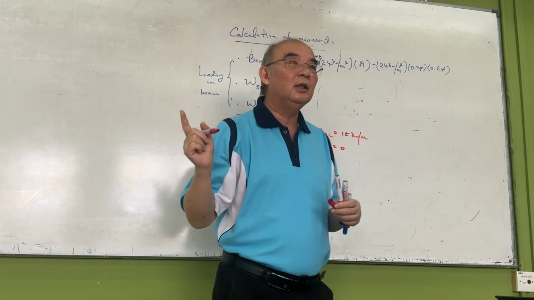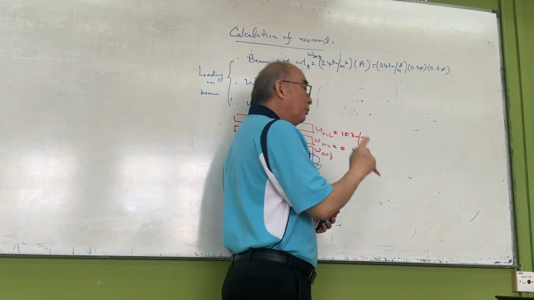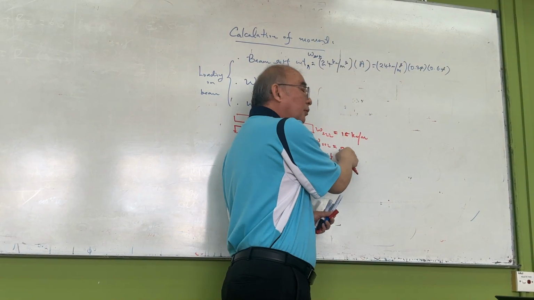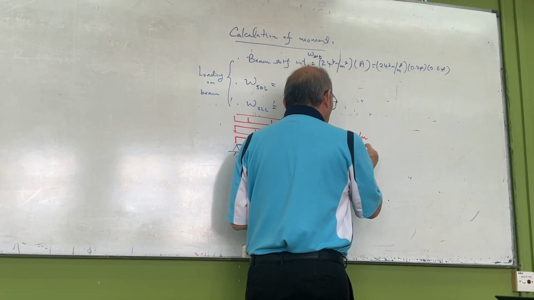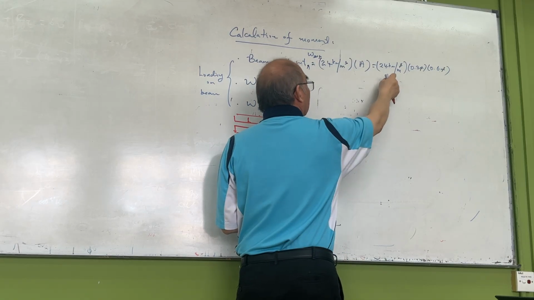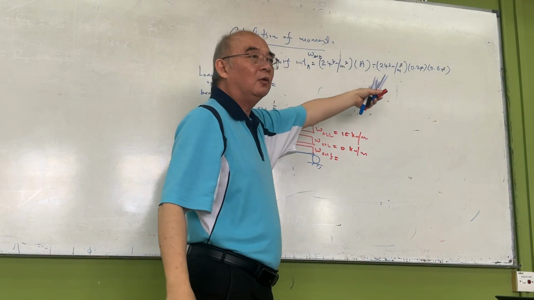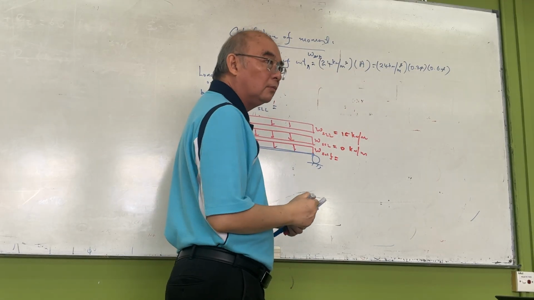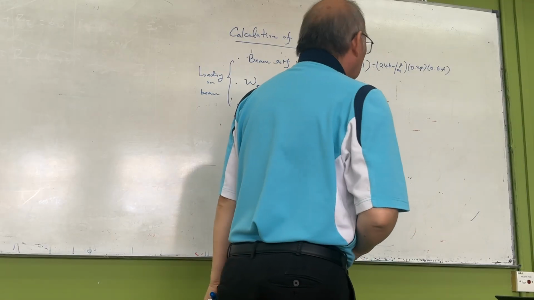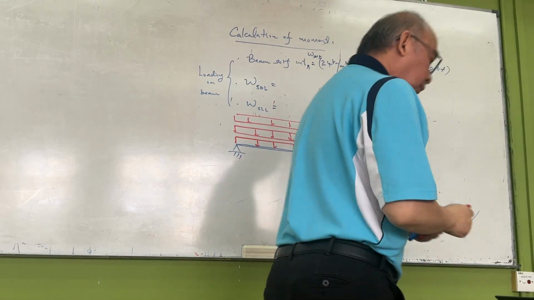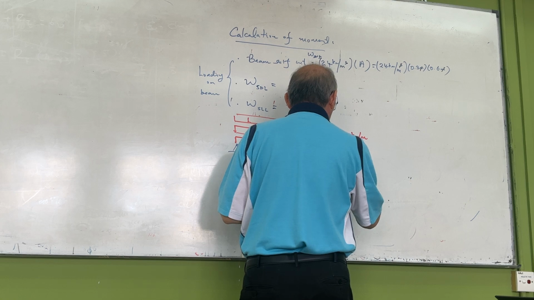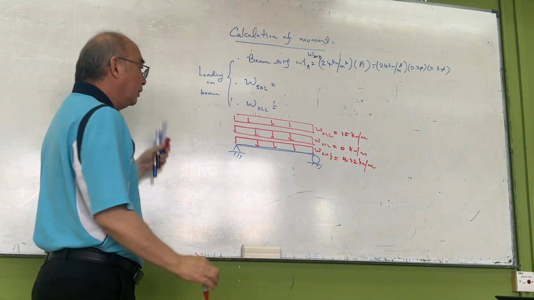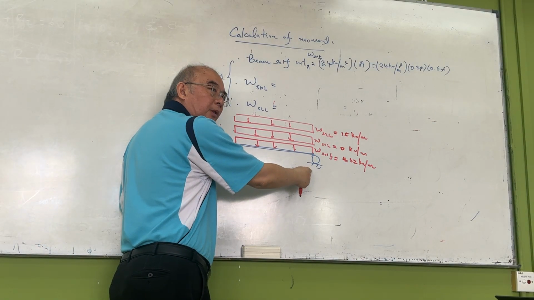In the final exam paper, I may give you both. But in this case, I didn't give you this, so it's 0. And then the self-weight is from here. 24 multiplied by 0.3 and 0.6, what is that value? 4.32, right? So here is 4.32 kilonewton per meter. So when we say calculation of moment, you should draw up the beam length.